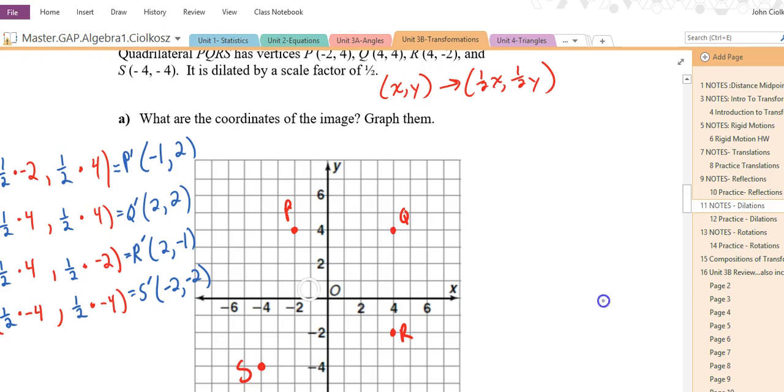So, negative 1, 2, 2, 2, 2, negative 1, and negative 2, negative 2. So this is what our dilation would look like. So since we multiplied by something less than 1, we've seen it just got smaller.